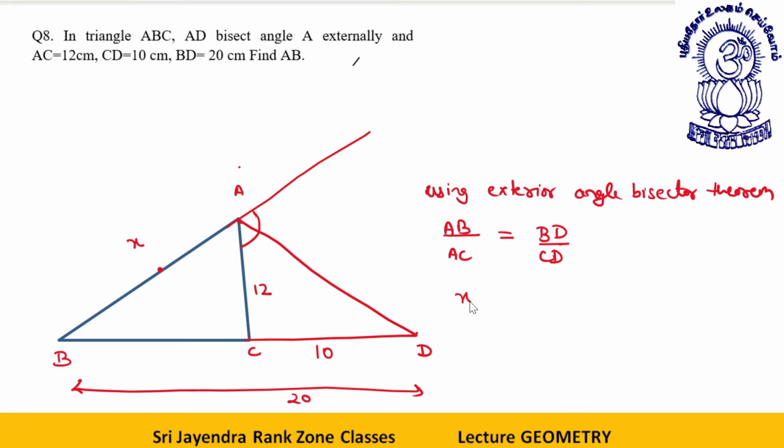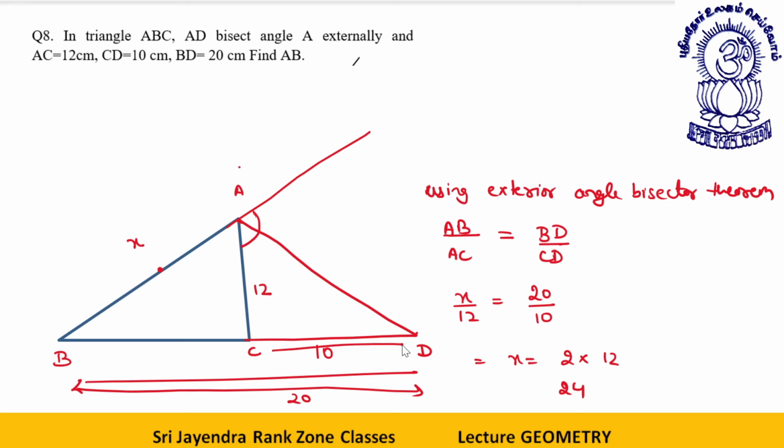AB is X, AC is 12, BD is 20, CD is 10. So your answer will be X is equal to 2 into 12, that is 24. Or the moment you see that this portion is double this portion, then this portion will be double of this portion. 12, 24 is double. This is your answer.